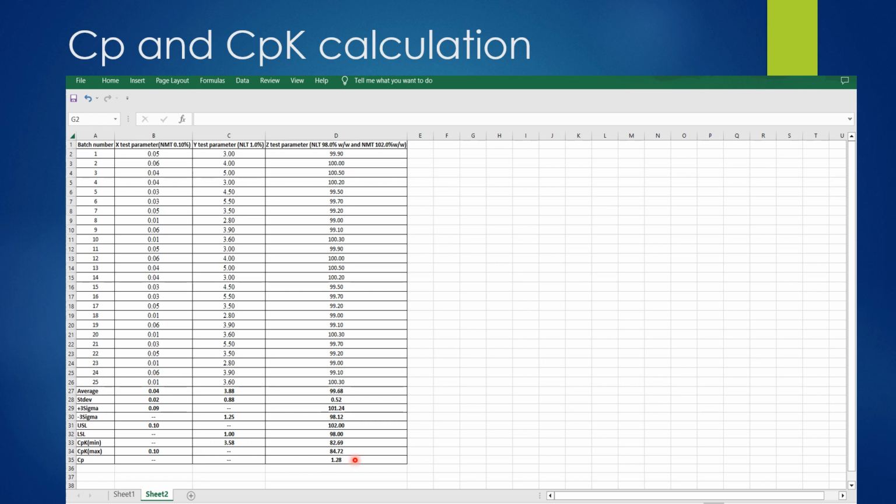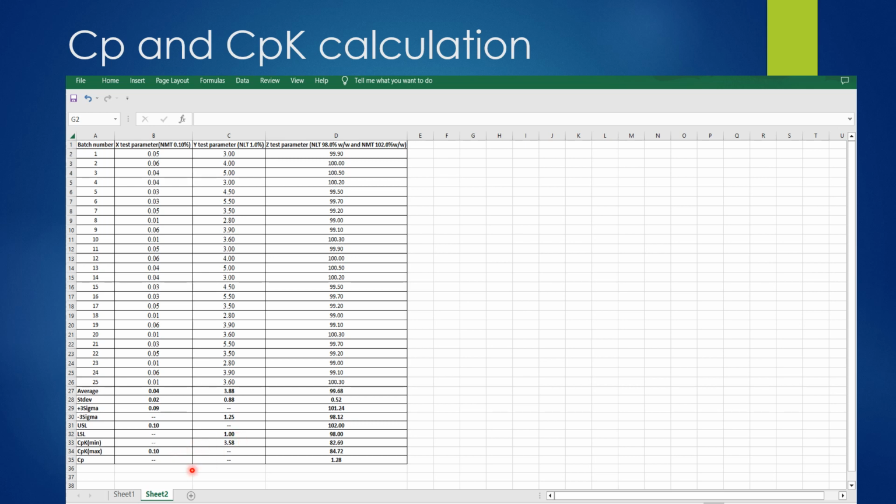So what is the purpose and need of all these things? Why are Cp and CpK values required, what is the necessity to calculate them, and why do we have to represent them? We can see the result that we are getting here.